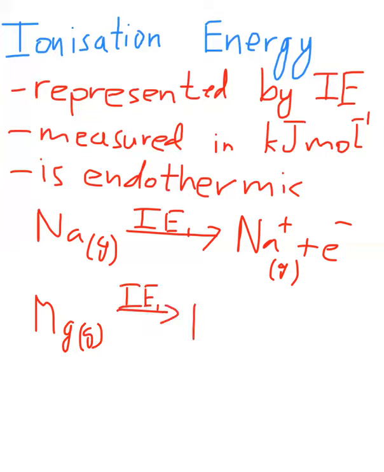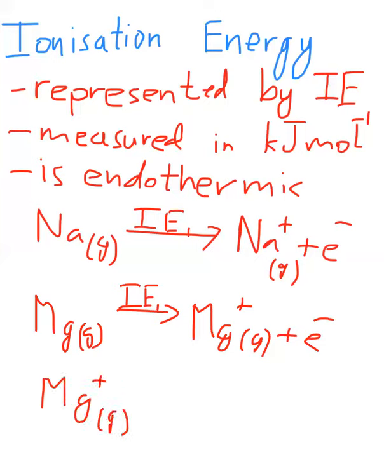So this is IE1. And then when this magnesium plus 1 ion loses another electron, this is IE2 and then onwards.